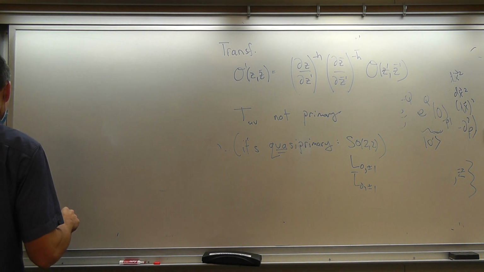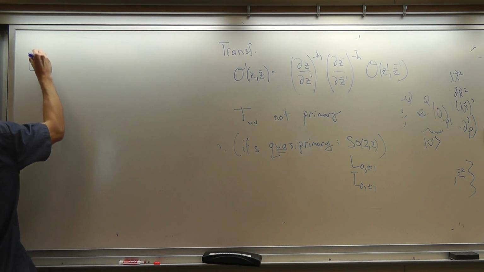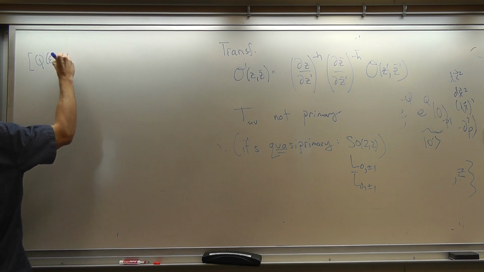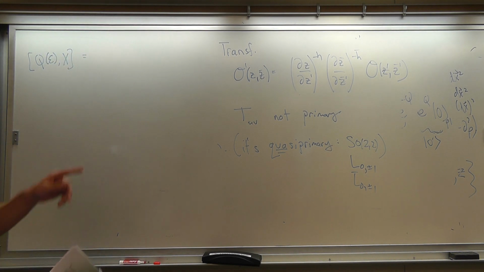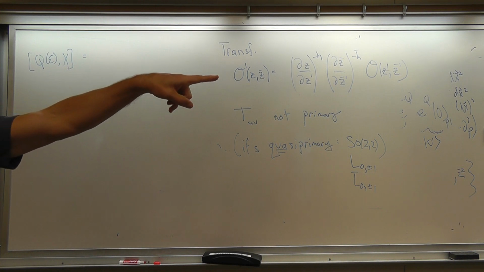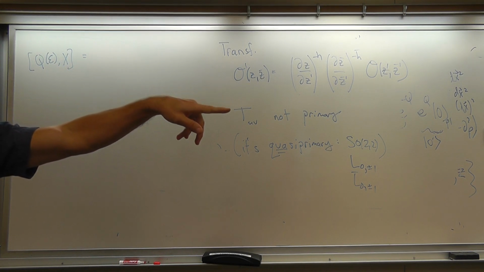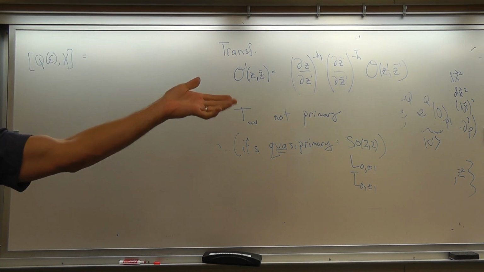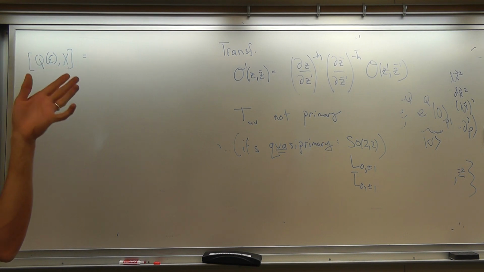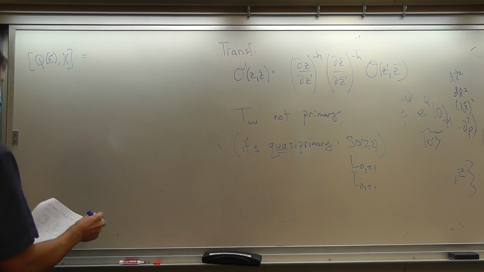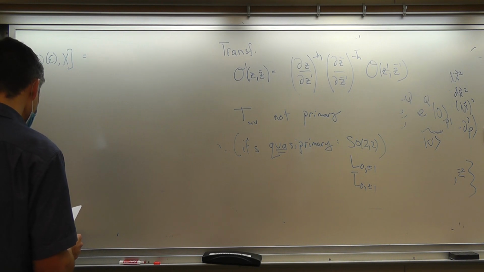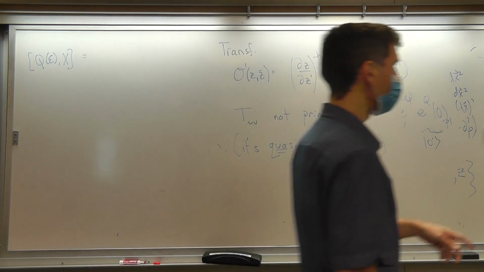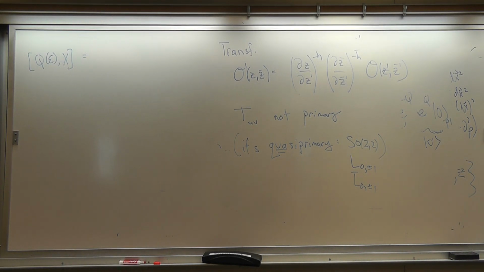So that means that Q of epsilon comma X is the difference between those two Q's. Now, if Q were truly conserved, that would be 0. But it's not because of those X operators. If you remember when we talked about conservation, the difference between these two, you can do Gauss's theorem, or whoever's theorem it is, that turns this into an integral of the divergence.